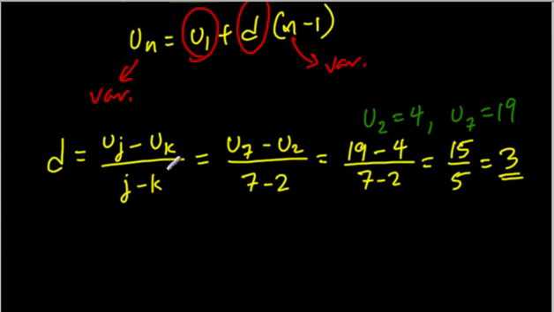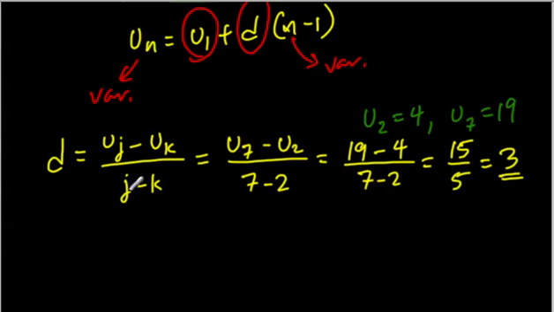In one shot, we've determined the common difference. The reason we can use this formula is that if an arithmetic sequence is a linear equation, then the common difference is basically the slope, so this is derived from the slope. So the common difference is 3.